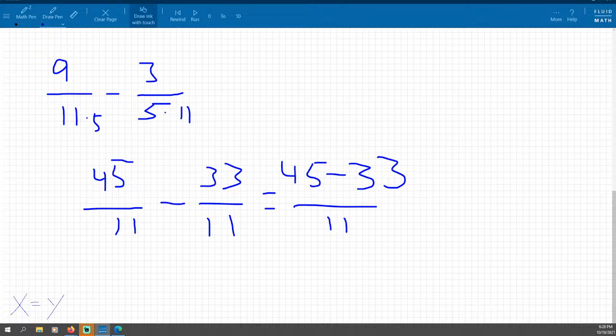That's going to be 12 over 11. Now remember, since the numerator is greater than the denominator, it's an improper fraction, we could change that to a mixed number. So 11 goes into 12 one time with a remainder of 1. So 1 and 1/11.